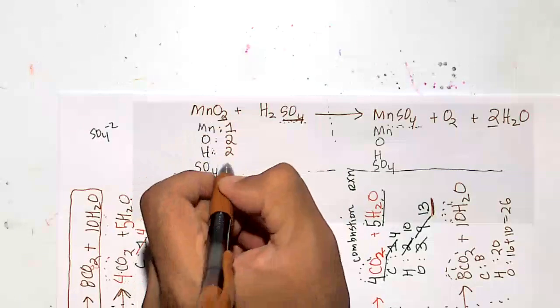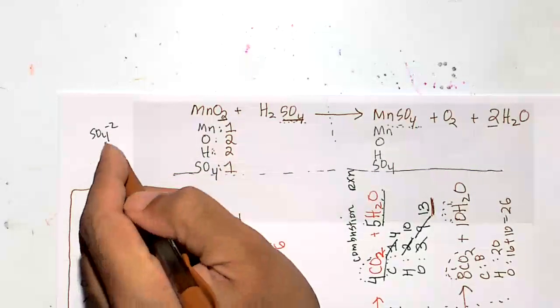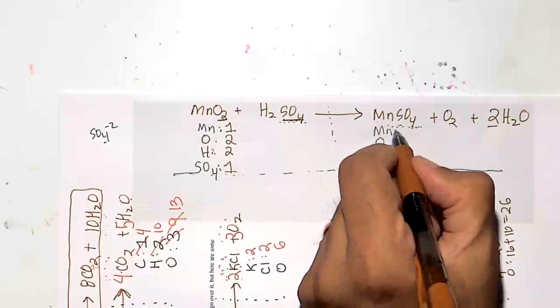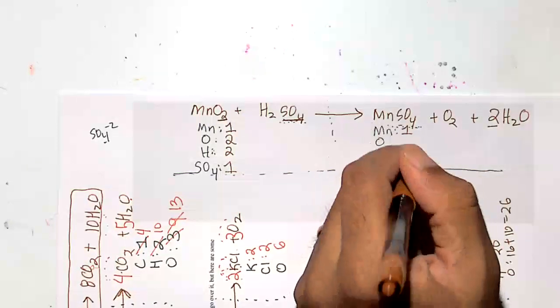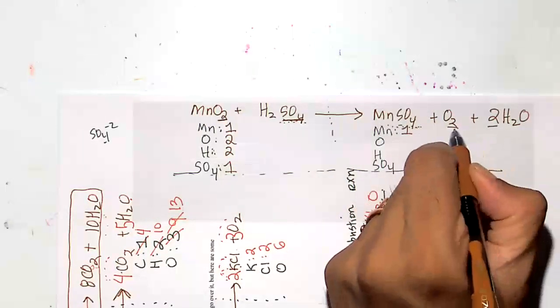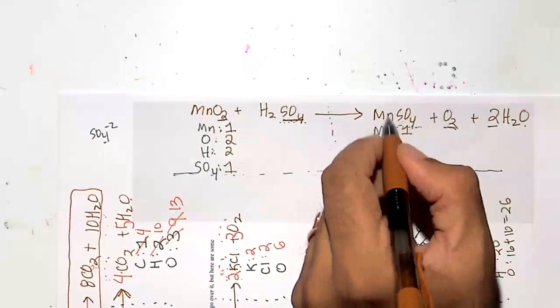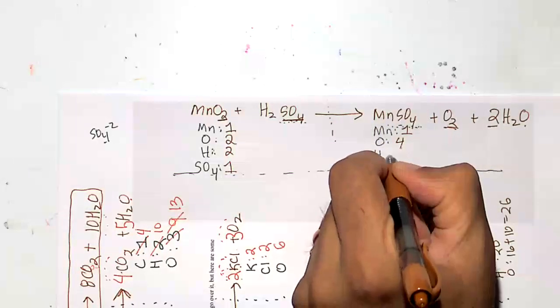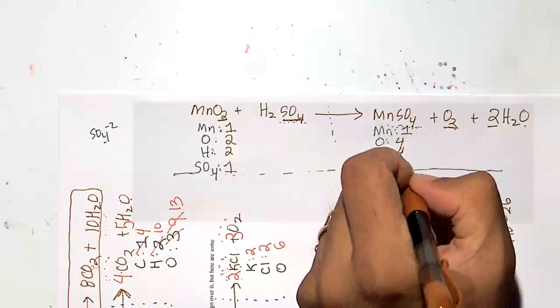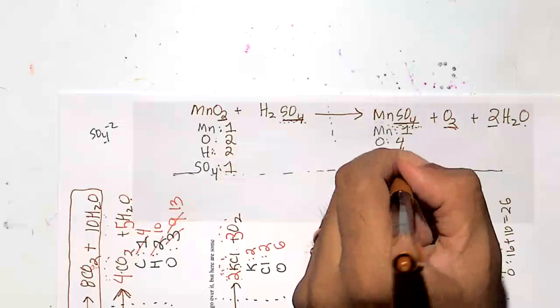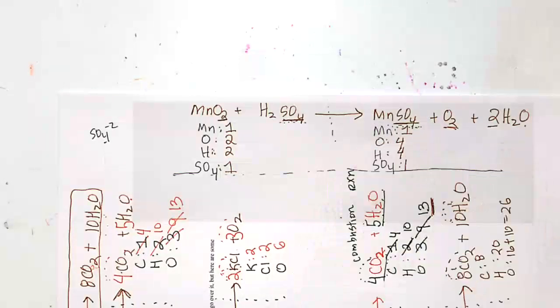How many SO4s do we have? How many Mns? How many oxygens? 2 plus 2 is 4. How many hydrogens? How many sulfates, SO4? Okay, good job.